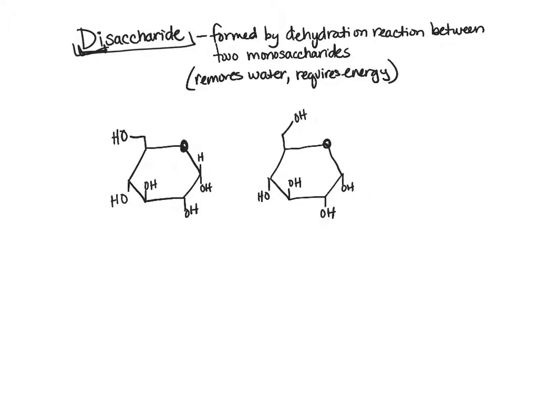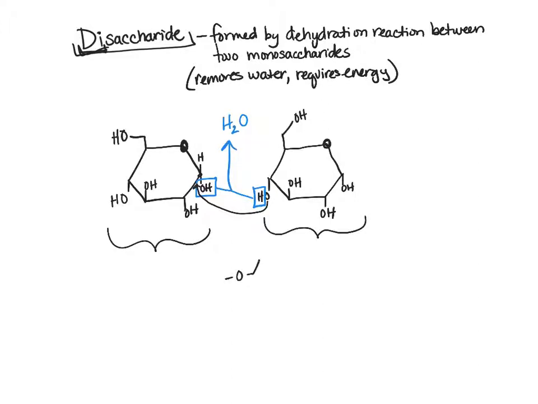All right, so if we take our two monosaccharides, so this is a monosaccharide, and this is our monosaccharide, and through a dehydration reaction, what we're going to do is we're going to take this OH and this H here, and then this is where we're going to get our water. So remember dehydration reaction, when we remove the H2O, then this oxygen right here is going to bind up here to this carbon, because then we have an oxygen between the two molecules.